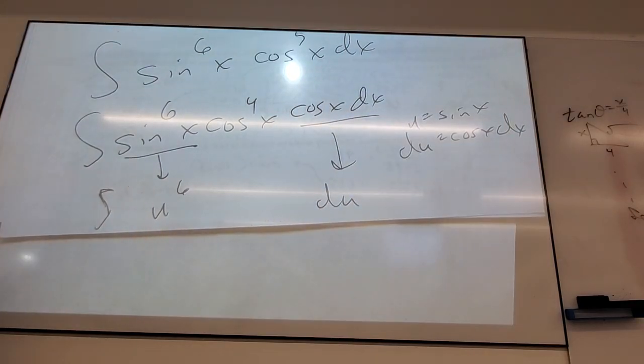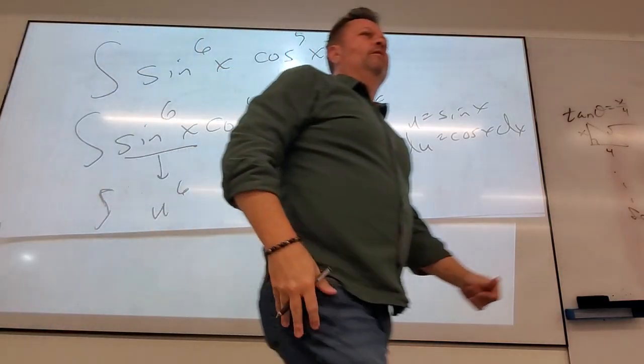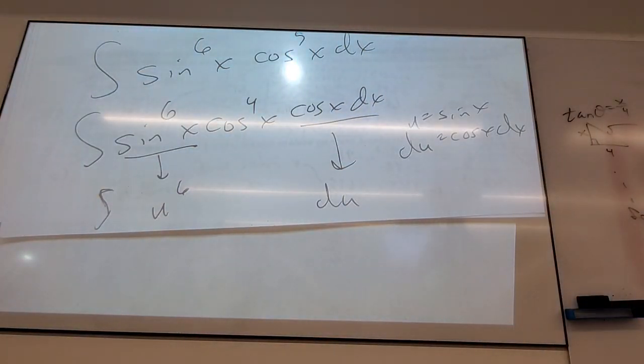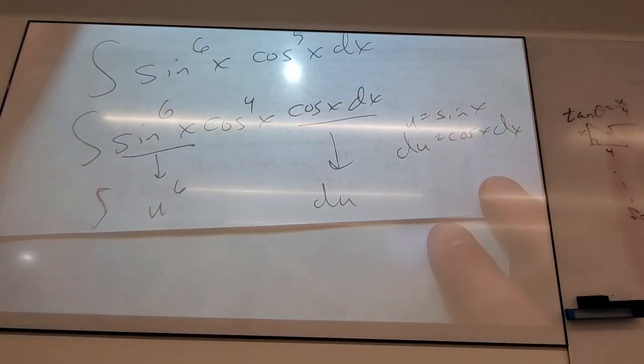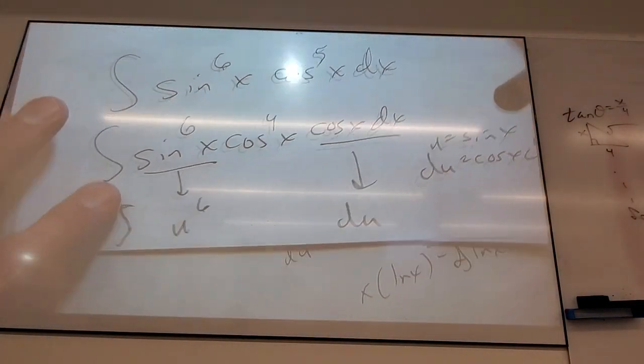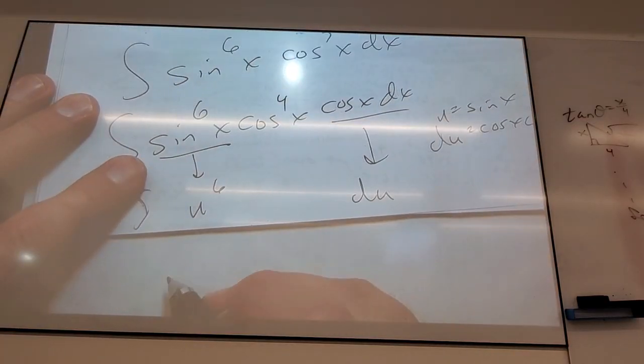But what's the last piece I have to do something with? You have to multiply it by u to the 4th. Nope, what's u? U is sine. I have cosine to the 4th. How do I write that in terms of u? We tried it. Remind me, what is sine squared?